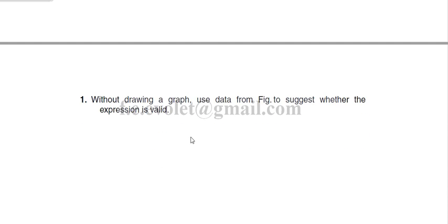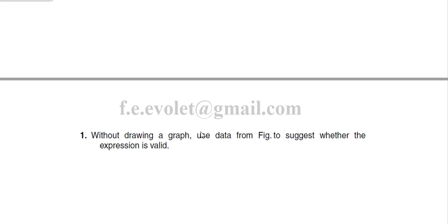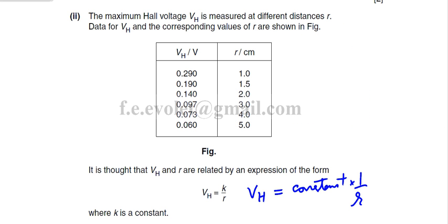So now the question says, without drawing the graph, use the data to suggest whether the expression is valid or not. If K is constant, then rearranging for K, K is the product of VH and r. So the product of VH and r must be the same, no matter what the unit, because K can be in any unit.